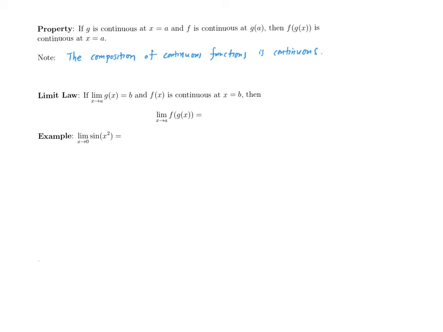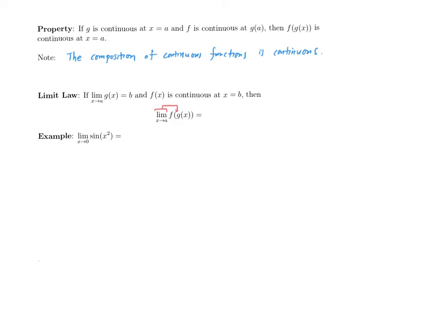What I'm going to note here is that if the function f is continuous, we can simply take the limit and pass it inside a continuous function. That is to say, we can take this limit as x approaches a, and we can move it inside a continuous function.